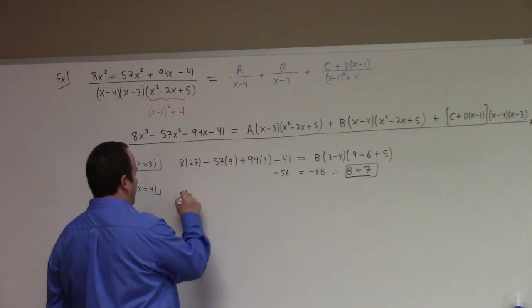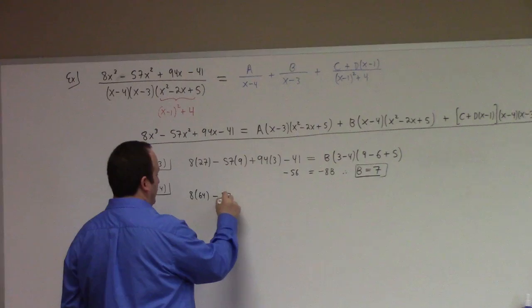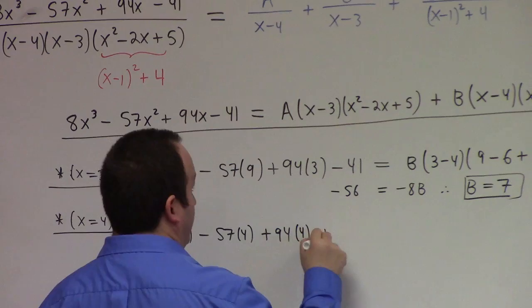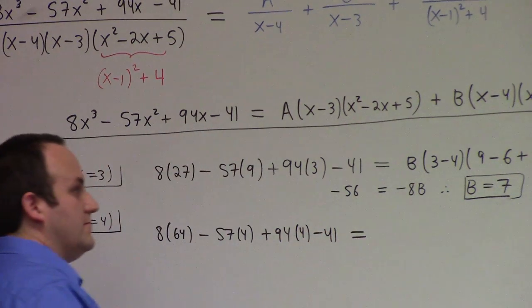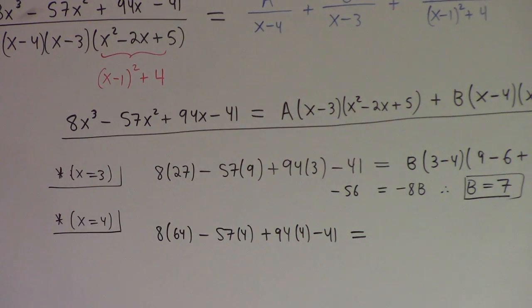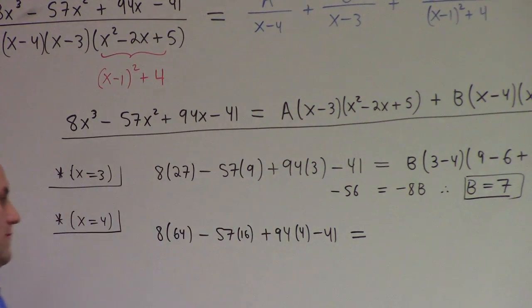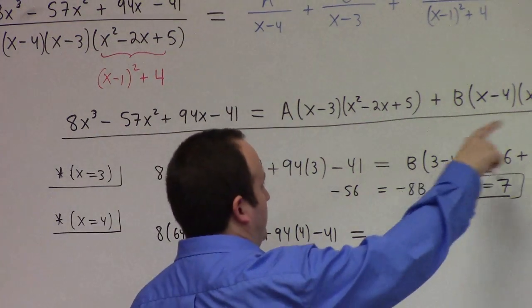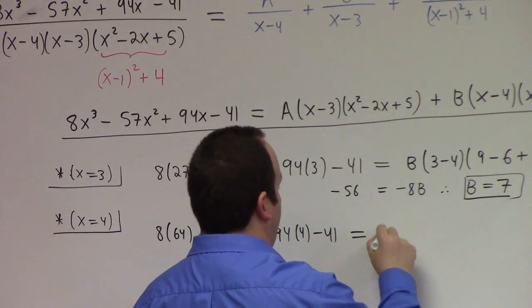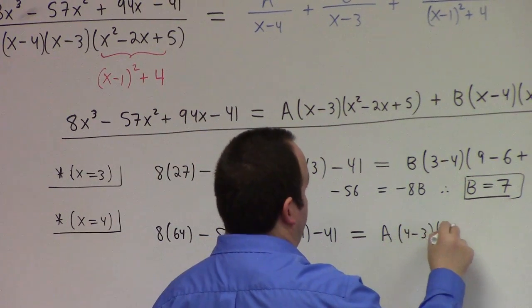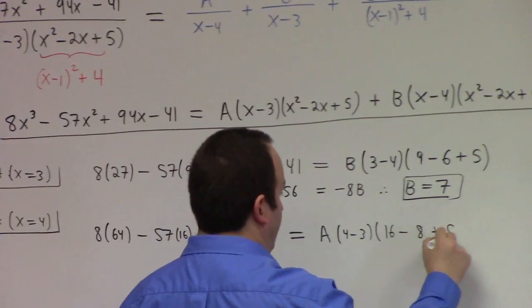We got what? We got 8 times 64 minus 57 times 4 plus 94 times 4 minus 41 equals what? Oh, thank you, yes. Be careful. And then over on this side, everything goes away except for what? A times 4 minus 3 times 16 minus 8 plus 5.